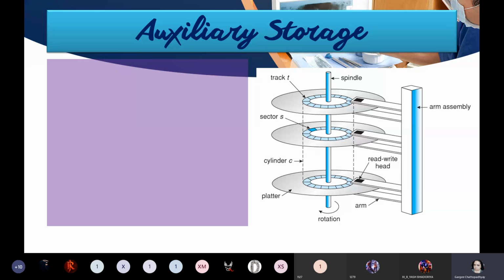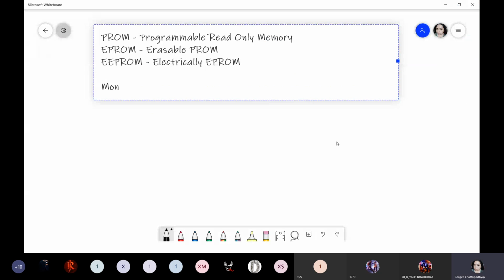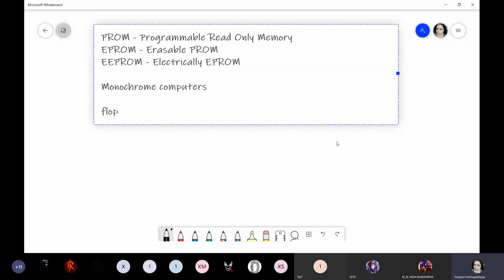Now, of course, we need to save data permanently on the computer. In olden days, when we used monochrome computers, those computers didn't come with a hard disk. We used a floppy disk.